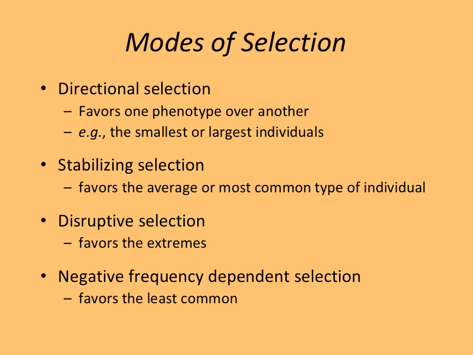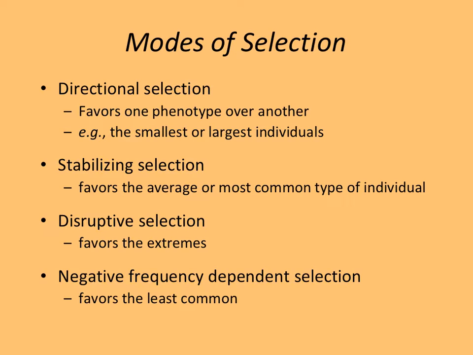Okay, so the first thing we're going to do is we're going to talk about what are called modes of selection or kinds of selection. Not just selection of life stages, but how it might proceed. And the first one is directional selection. So what it does is directional selection favors one phenotype or one genotype over another.